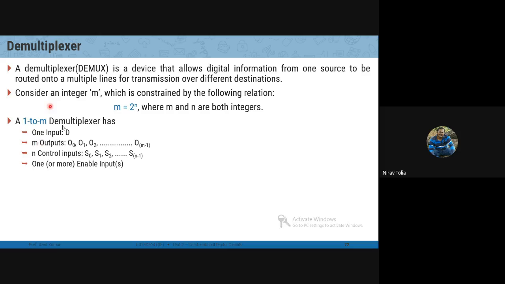So the demultiplexer is the 1 cross M demux, where M is the number of outputs, and n indicates the number of select lines.